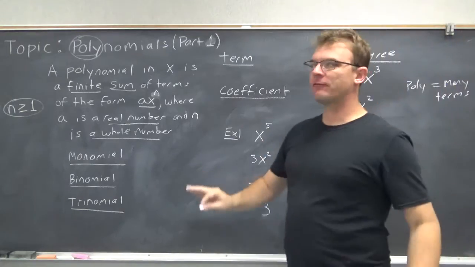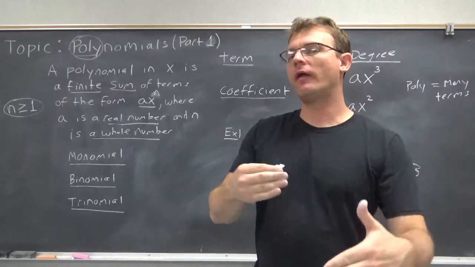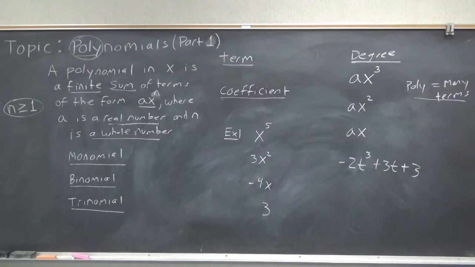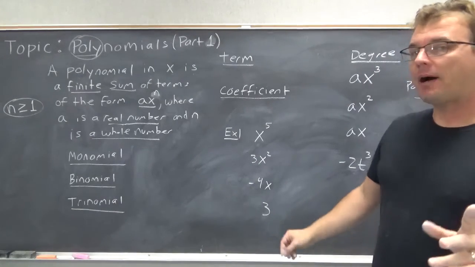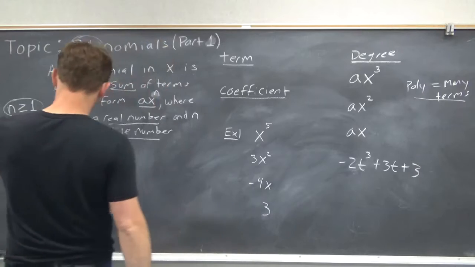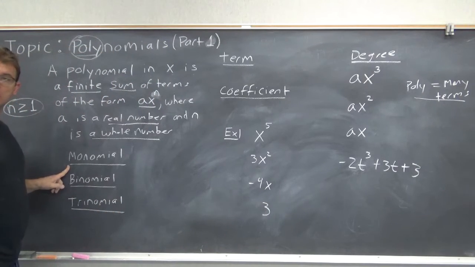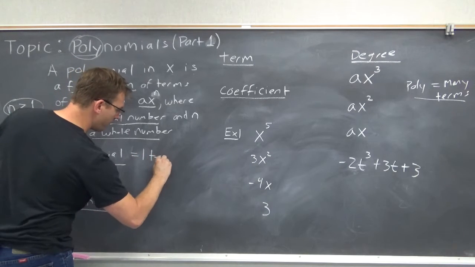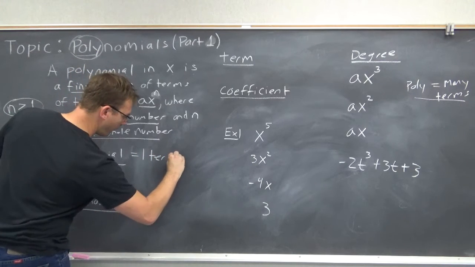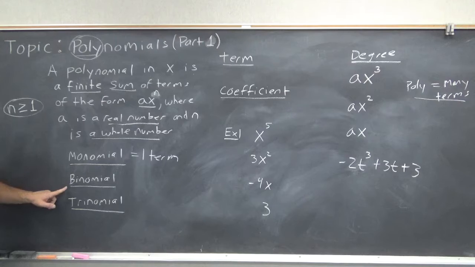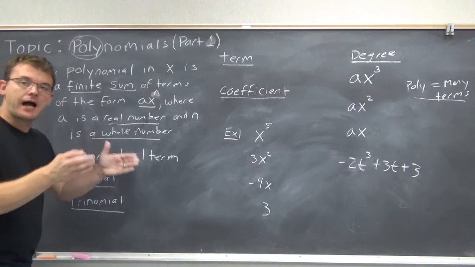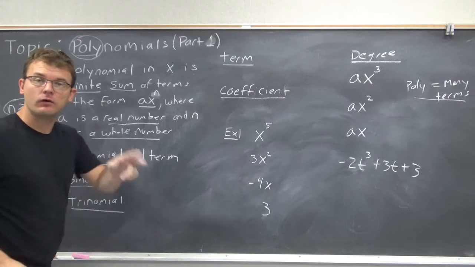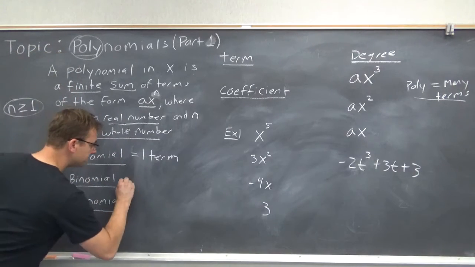So there are different types of polynomials. Poly, remember, is many terms. But monomial, mon, is one term. Binomial, like bicycle, bilateral, means two terms.